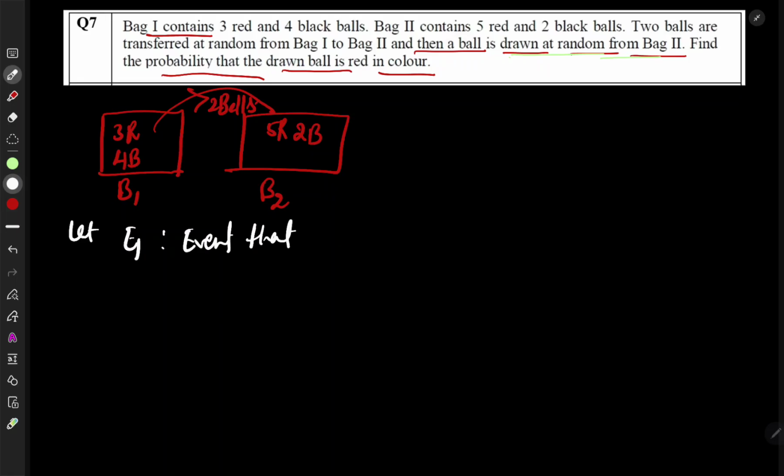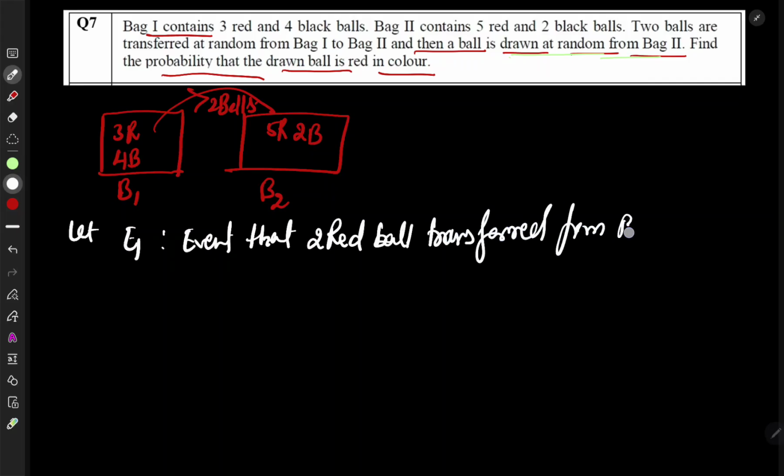So these are 3 possibilities, meaning 3 events. So let E1 be the event that 2 red balls are transferred from B1 to B2, meaning bag 1 to bag 2.